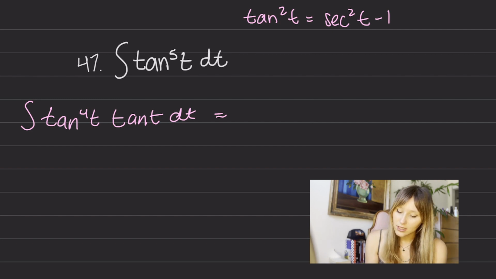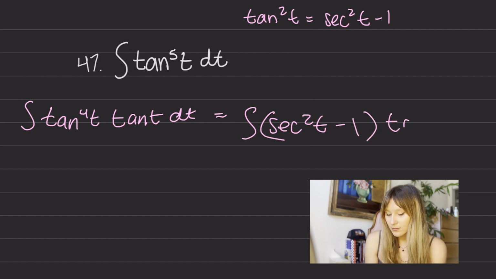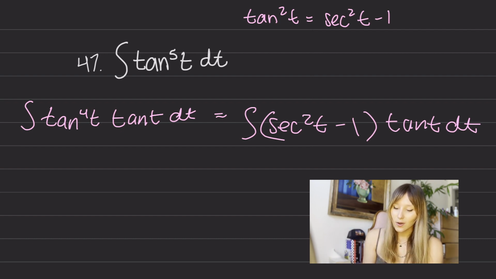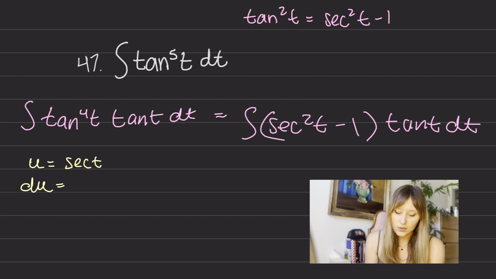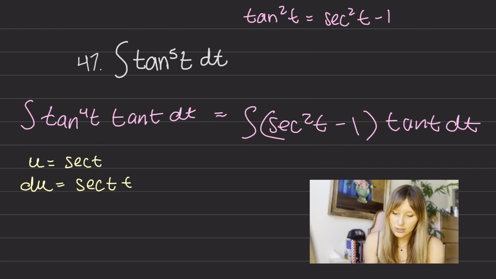So then that can turn into secant squared of t minus 1 times tangent t dt. Great. So now we're going to apply the u substitution. I'm just going to do secant t to make it easy. So du is secant t tangent t dt.